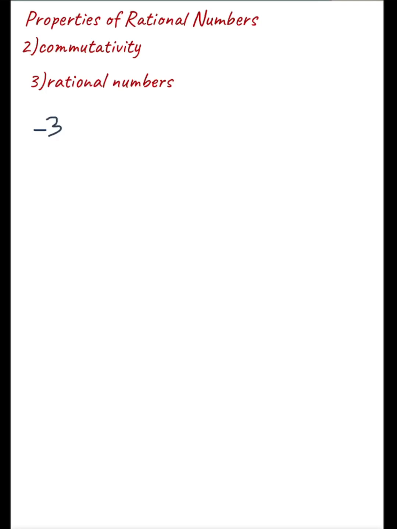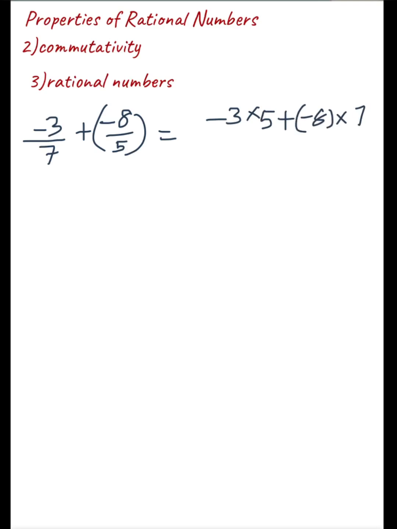So I am going to add minus 3 by 7 plus minus 8 by 5. Two rational numbers. So minus 3 into 5 plus minus 8 into 7, divided by the denominator, 7 into 5.